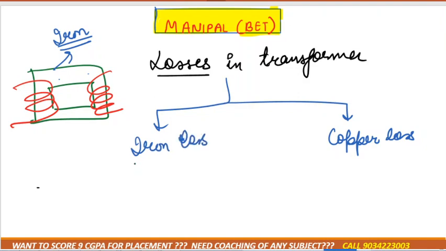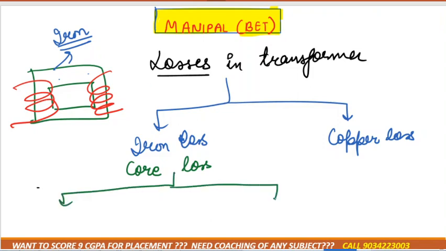In some books you will see the word core, so the word core is used for the material you are using. Now iron losses are further divided into two categories. One is hysteresis losses and the other is eddy current losses.